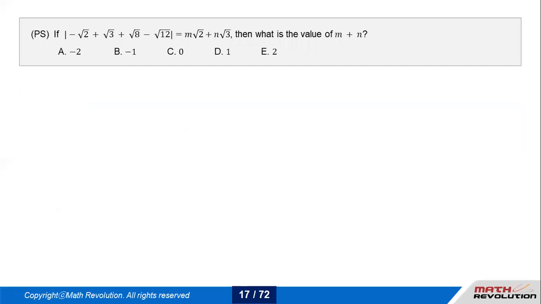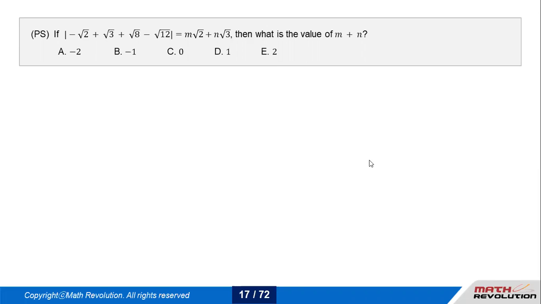All right, let's solve this question. If mod of a couple of numbers with the operations plus and minus is equated to m times square root 2 plus n times square root 3, what is the value of m plus n?